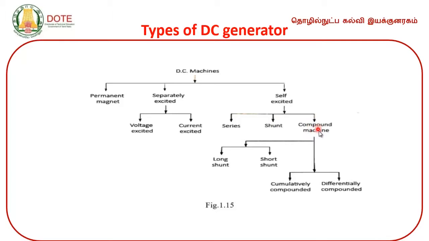This compound machine has further been classified as long shunt generator and short shunt generator. Based on the connection, it is further classified into cumulatively compounded and differentially compounded generators.